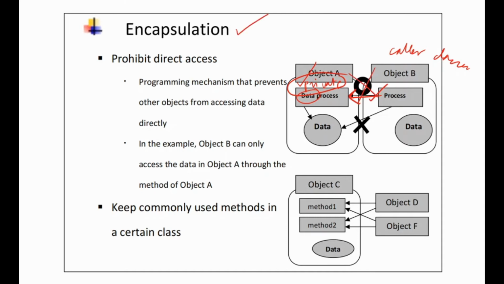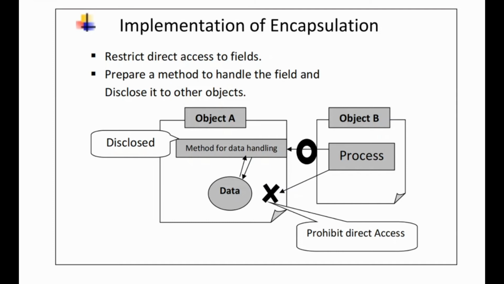We are now employing encapsulation when we set the access modifier to private. So to solve that problem of not being able to access a private field or a private method, we're going to prepare a method to handle the field and then disclose that method to other objects.